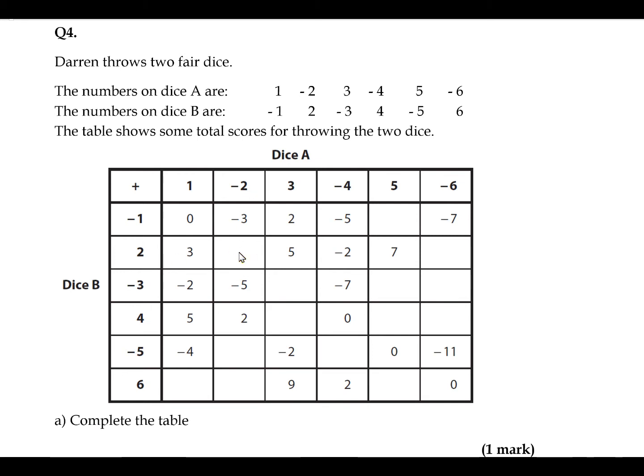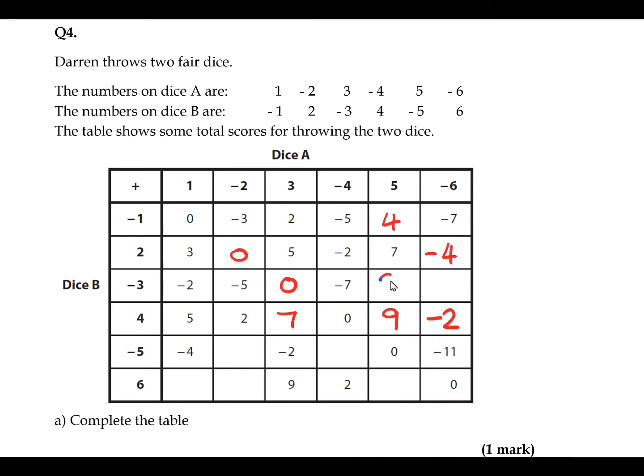So 2 minus 2 is 0, 3 minus 3 is 0, 4 minus 4 is 0, 4 plus 3 is 7, 4 plus 5 is 9, 4 take away 6 is minus 2. Minus 1 plus 5 is 4. 2 take away 6 is minus 4.